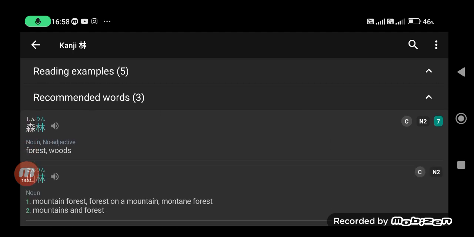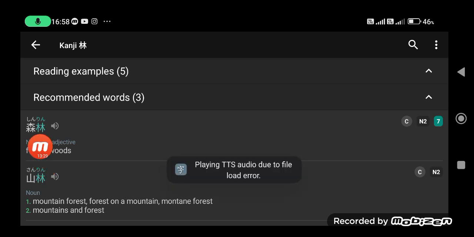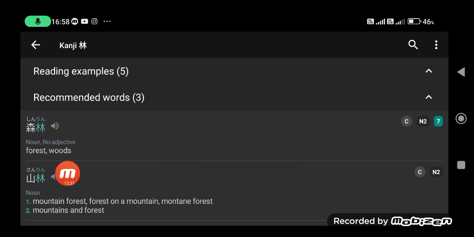Okay. How about this? Shinrin is forest or woods. You can see here, our subject kanji uses the radical ki, or tree, twice to mean woods. But this kanji here, mori or shin, the first kanji, also means forest.